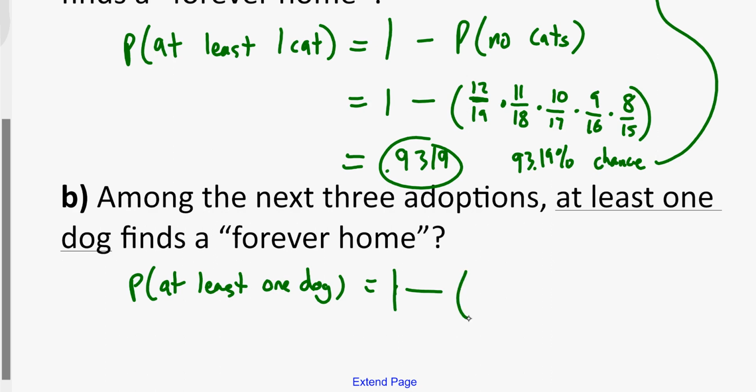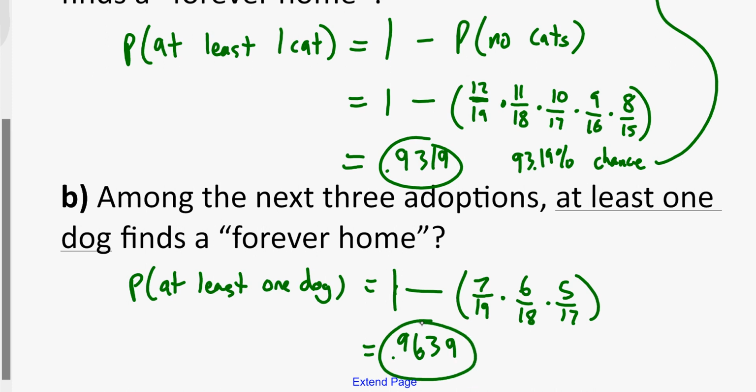So what did I have? 7 cats. So 7 out of the 19, that's my chance of getting a cat. Another cat would be 6 out of 18 because it changes when I get one. 5 out of 17. That gets me a probability of 0.9639.